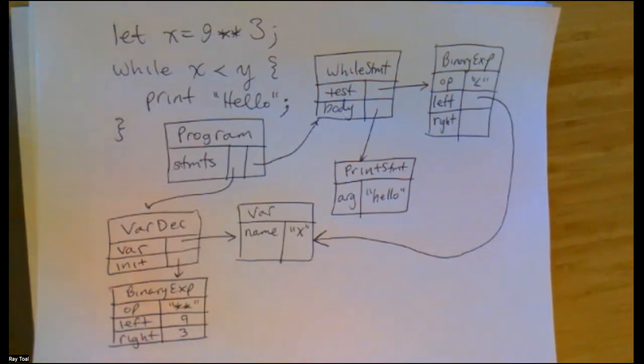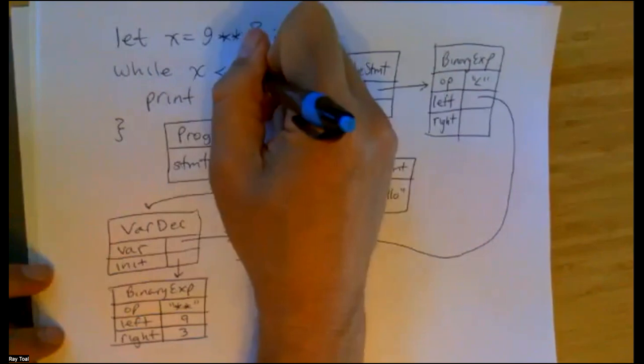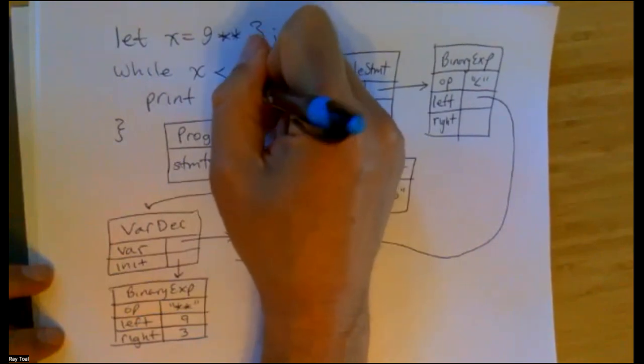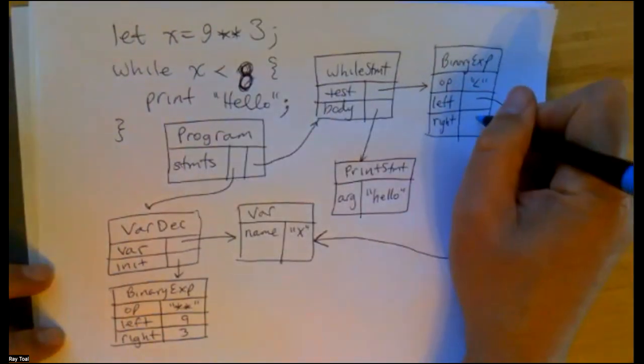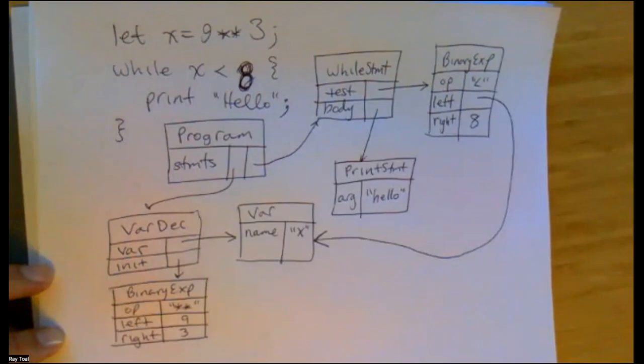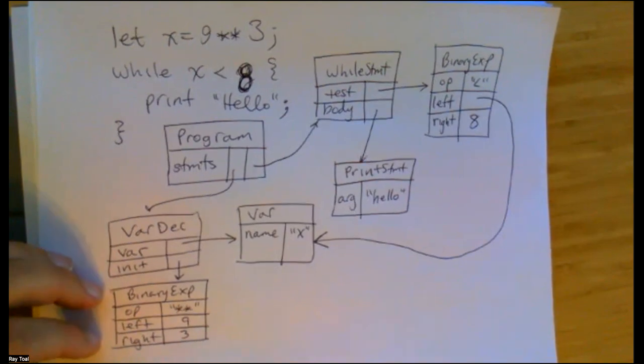So if we were doing semantic analysis on this, we would have to issue an error saying that y was not declared. For right now, we'll deal with errors later. Let's just pretend this was the number 8. And I'll add the 8 right there. Okay. And that's basically it for this one.